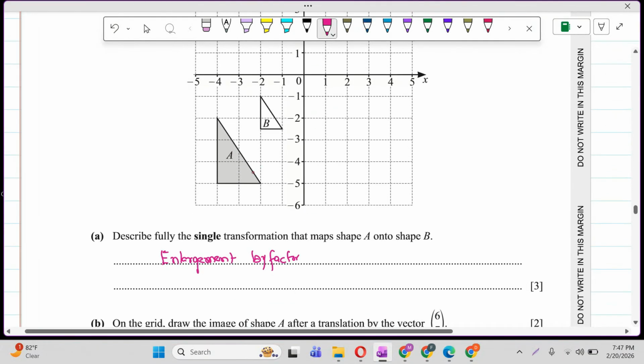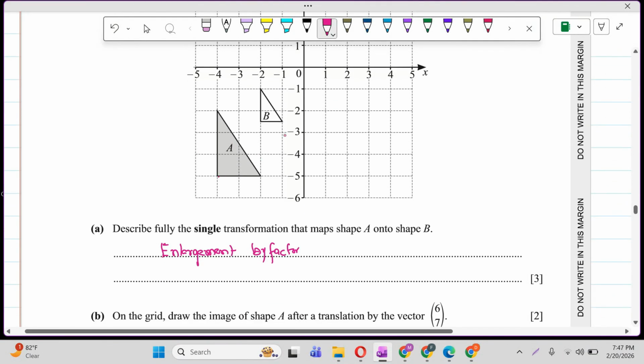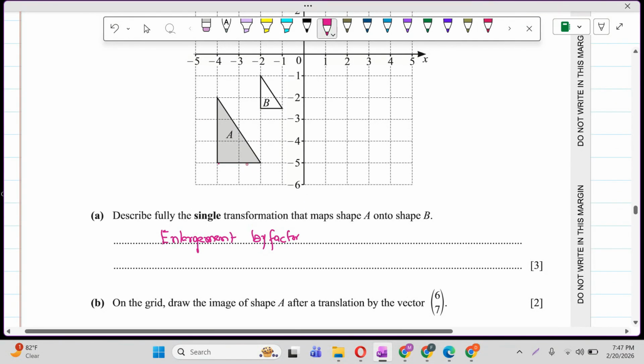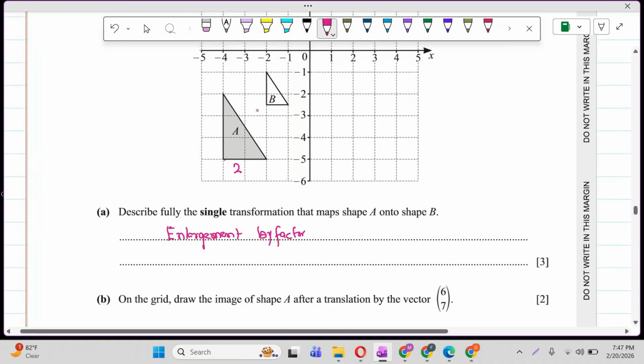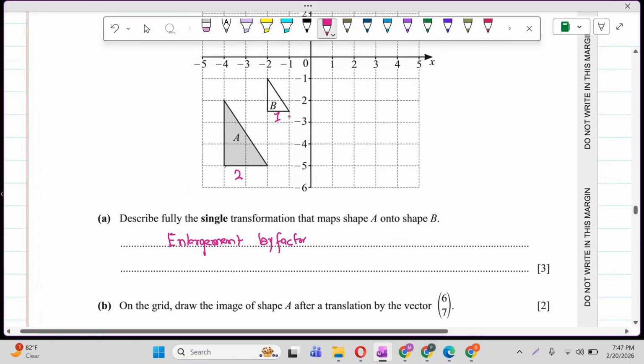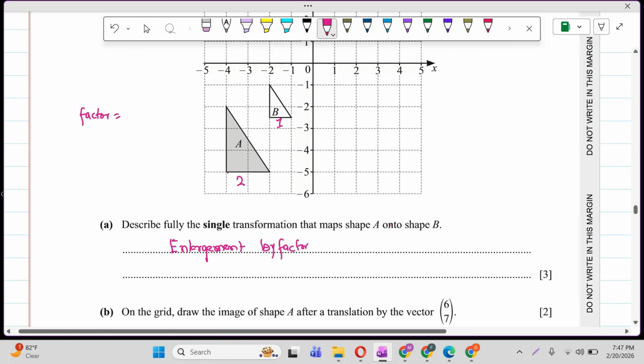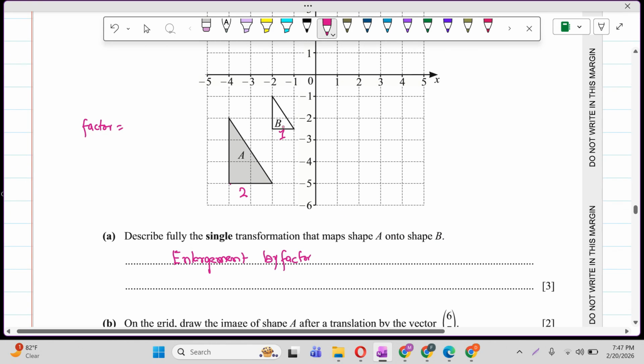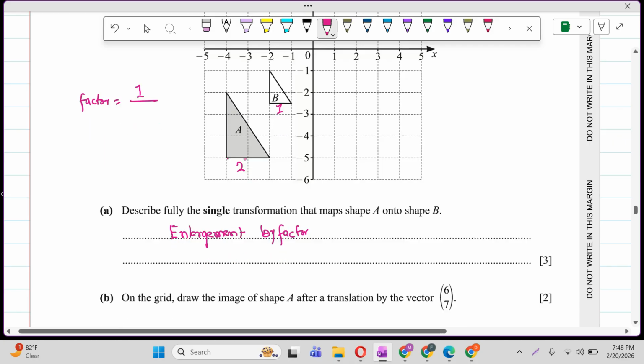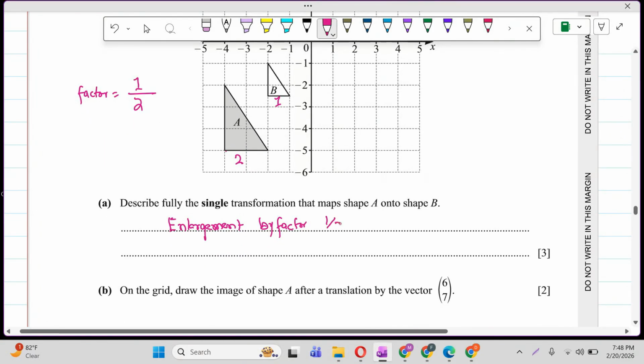So first we find the factor, because this side is corresponding to this side and this side has the length of 2 units and this one is the length of 1 unit. So the factor is equal to length of the B, which is 1, over corresponding length of the A, which is 2, so the factor is 1 over 2.